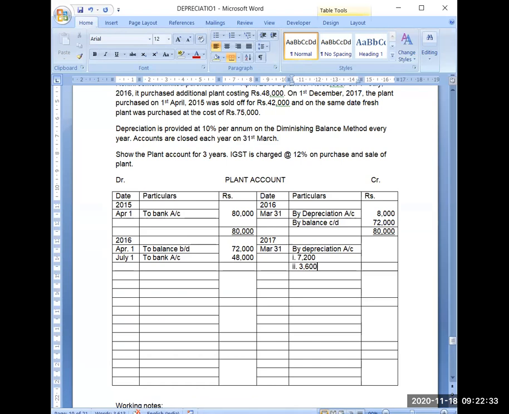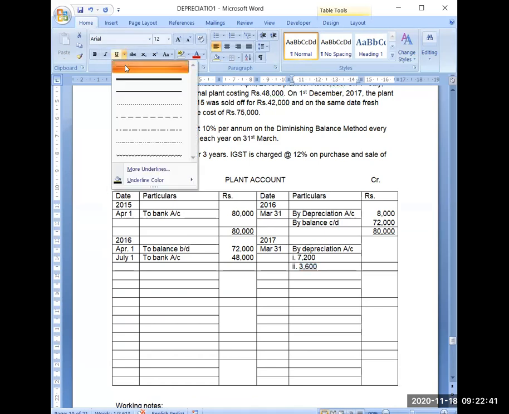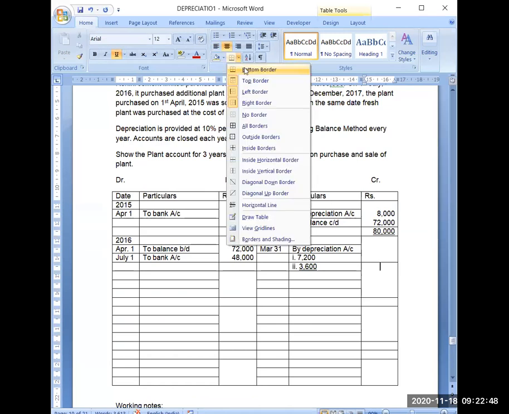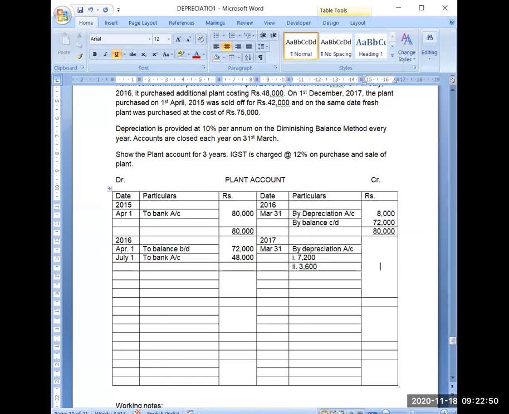So now we have got both depreciation, we will add them up. And it will become 10,800.